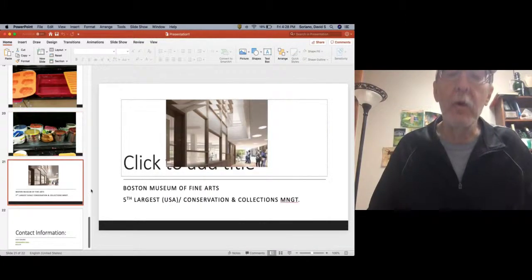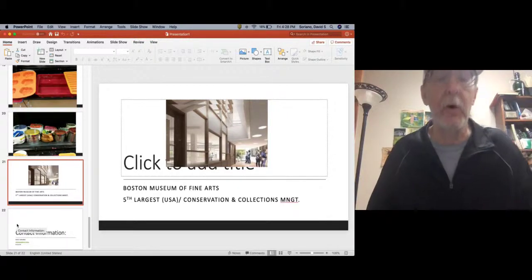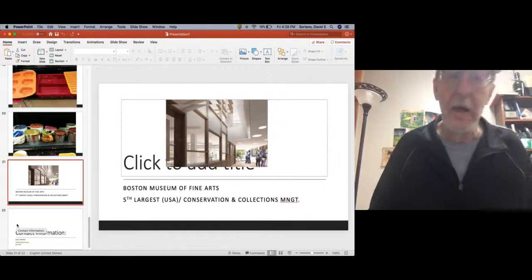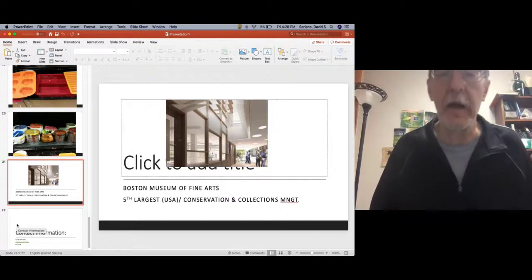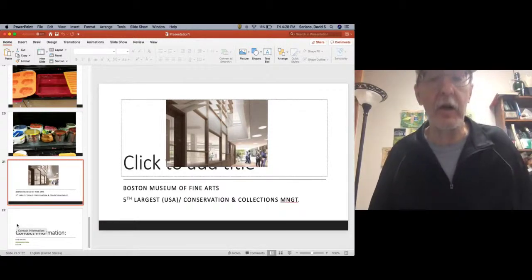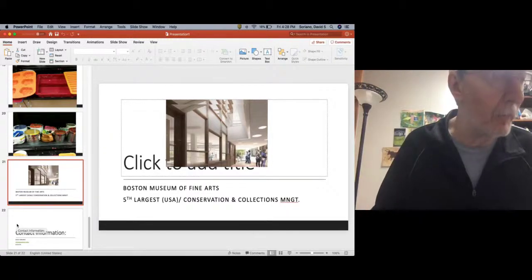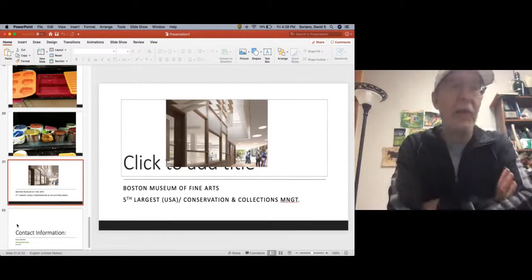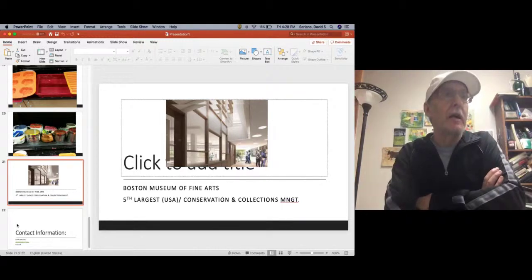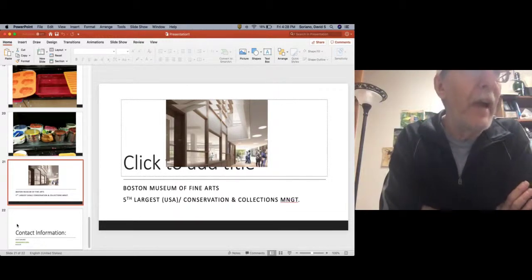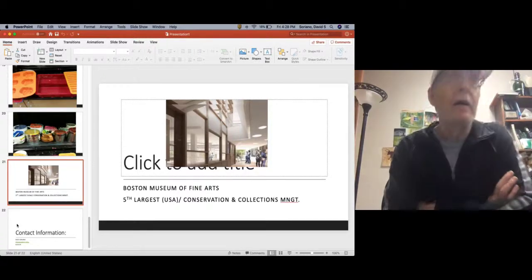Another thing I do, here's a brief picture of the Boston Museum of Fine Arts. They are the 5th largest museum in the United States, and they have a wonderful conservation and collections management department. I'm in contact with their director, and Harvard has the #1 paint and pigment collection in the world, I believe.